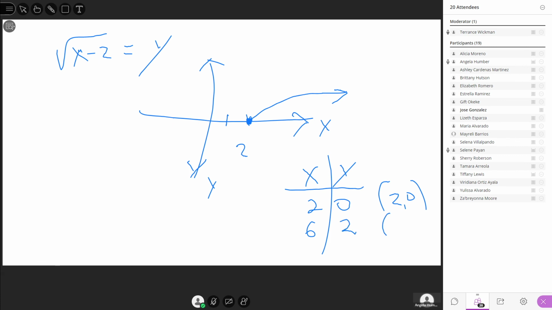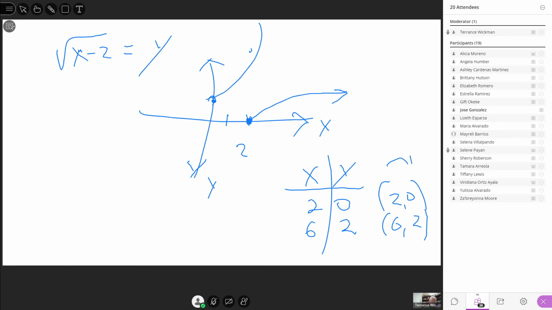Okay, so the next ordered pair is 6, 2. So the inverse changes these, right? So the other one now becomes 0, 2, boom, and 2, 6, right? It starts to go like this.